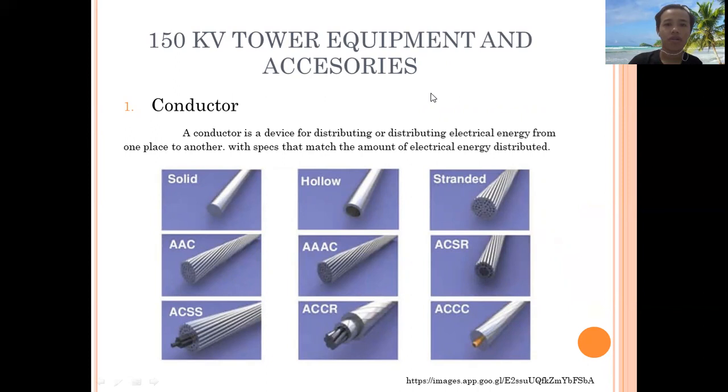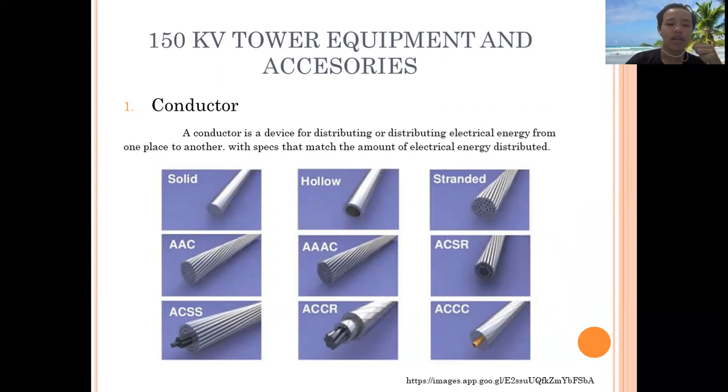And then 150 kV tower equipment and accessories. Number one is conductor. A conductor is a device for distributing electrical energy from one place to another with specs that match the amount of electrical energy distributed.